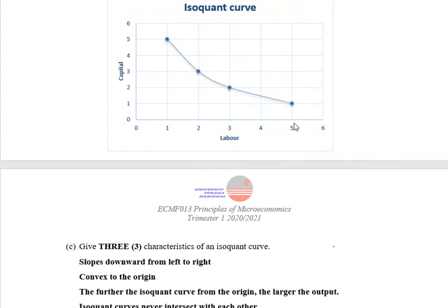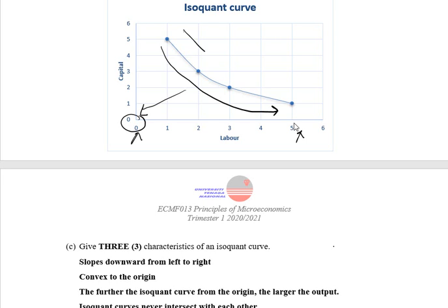From this point to this point, it is sloping downward. That is the first characteristic. It is convex to the origin. Convex meaning it bows towards the origin. This is the origin. The further the isoquant curve from the origin, the larger the output.